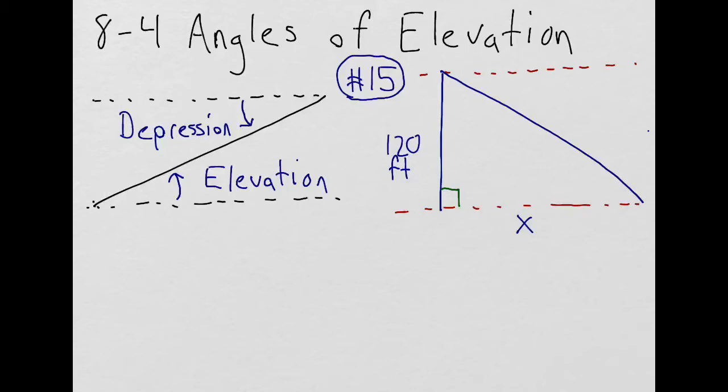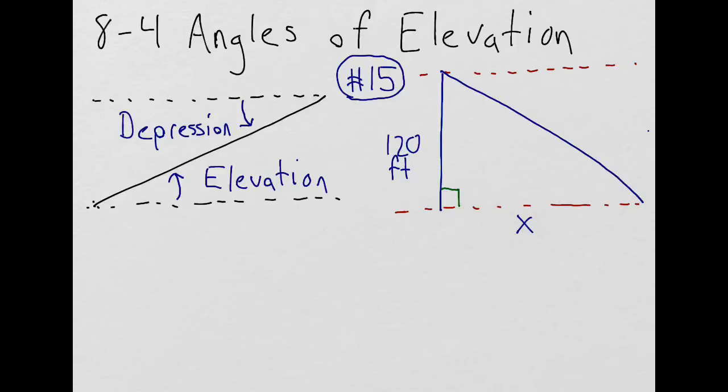And what I'm forming here is a right triangle. I have the tower right here, the distance from the top of the tower to the fire, and then the distance horizontally from the bottom of the tower to the fire right here. And that's actually what the question is looking for.